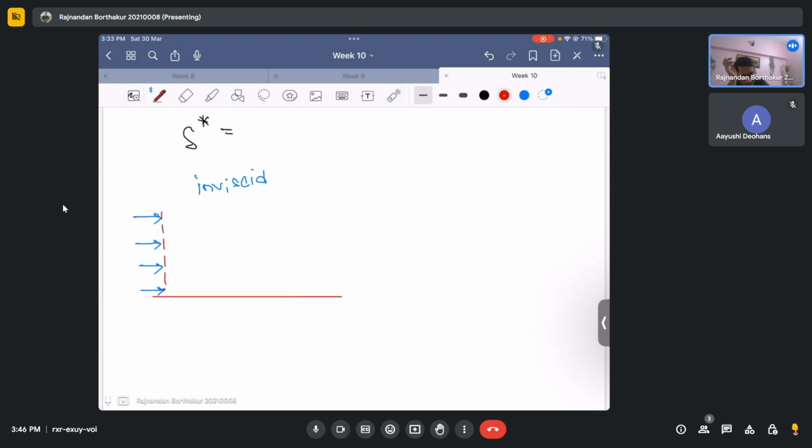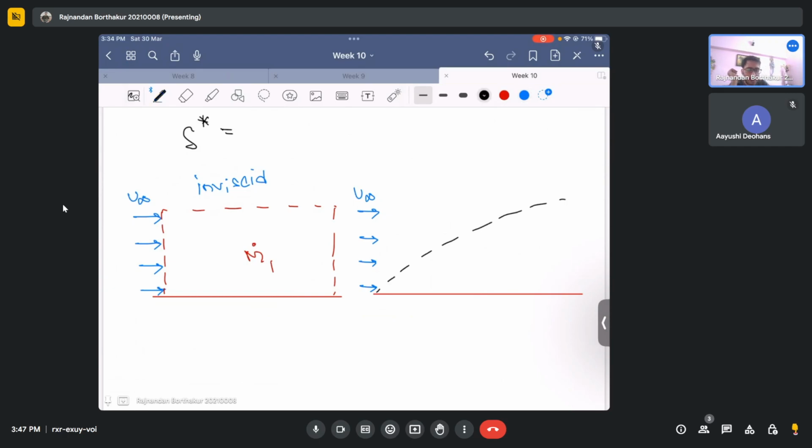if you calculate the mass flow rate in this region of the plate, it will be some m dot. Let's say this is m dot 1, and remember you are considering the flow to be inviscid. Now you take a similar plate, but this time the flow coming from the background with some u infinity is viscous in nature, which means there will be a development of a boundary layer.